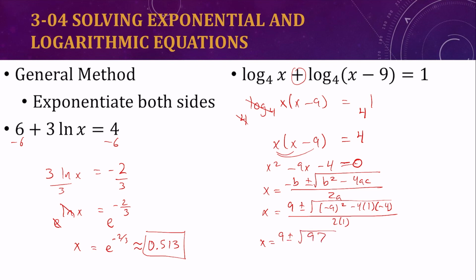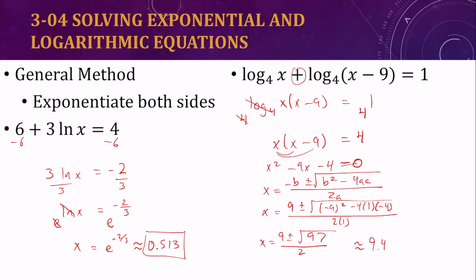It's 97 in the square root, and 2 on the bottom there. Can't simplify the square root of 97, so we'll put this in the calculator and we'll get two answers.